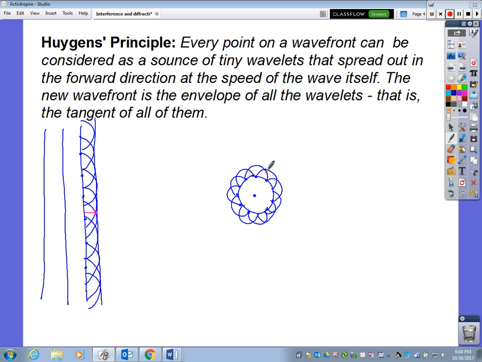Now if I draw the line tangent to all of those wavefronts, I'm going to end up with a larger circle, which is my new wavefront, which is what you'd expect when you drop drops of water into a pool. You get wavefronts that move out in concentric circles.